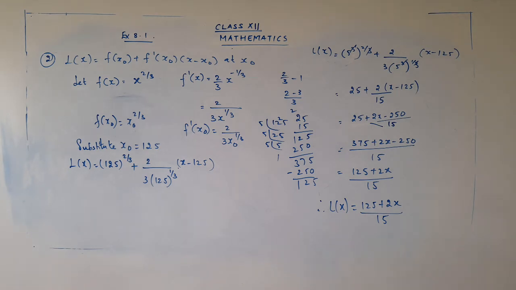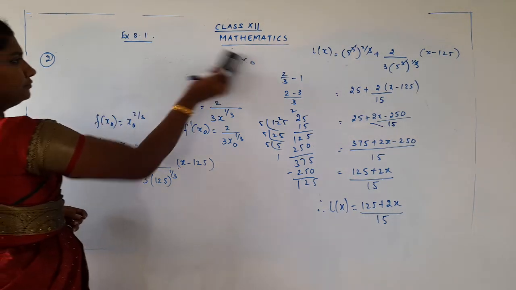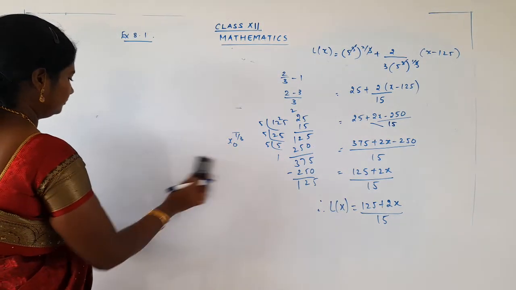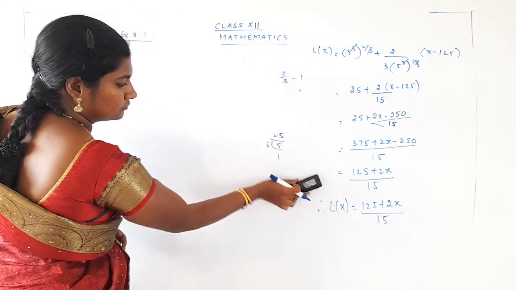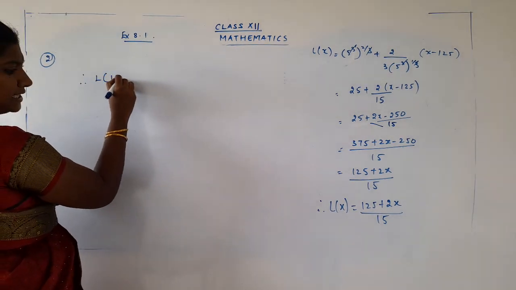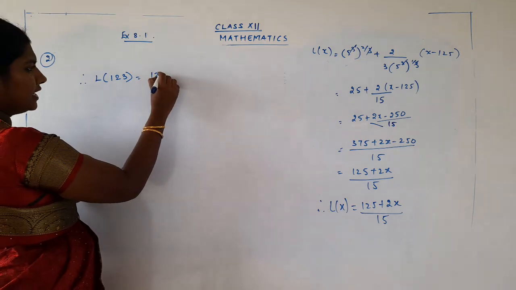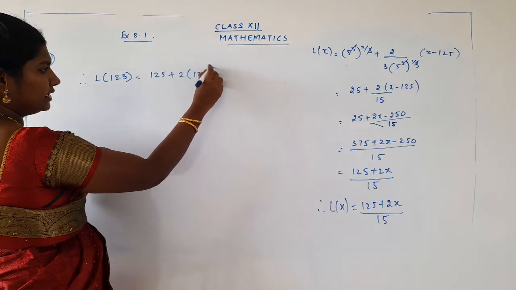Now we are going to continue further. I am going to find the value that is given to us. We have to find 123 raised to 2 by 3. So therefore L of 123 is equal to 125 plus 2 into 123 upon 15.